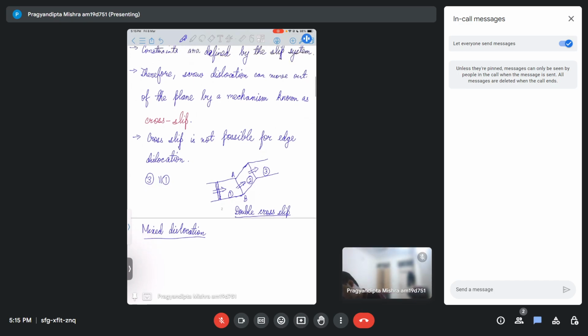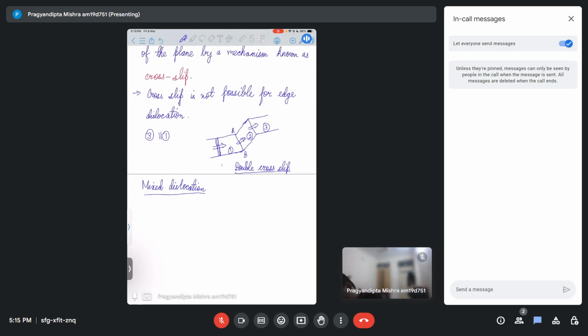Okay. So what will happen here is, say you have, similarly like last time, a dislocation that was in this plane. Here there is a dislocation which has a mixed characteristic. The Burgers vector is along this direction.